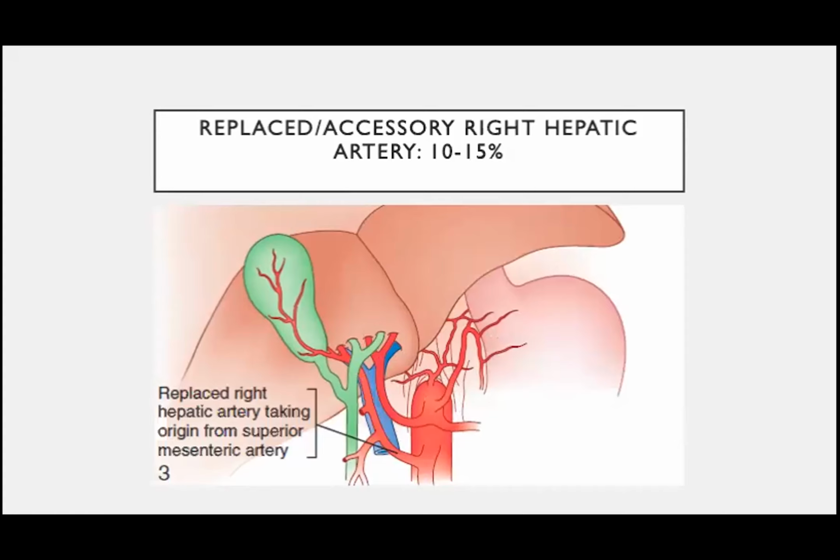This is how they present it, and then you have to say, okay, it's coming from the SMA. This question came up every year. Okay, thank you. It's really helpful. So they'll ask about a replaced right hepatic. They'll say pulsating structure lateral to the bile duct. Okay.